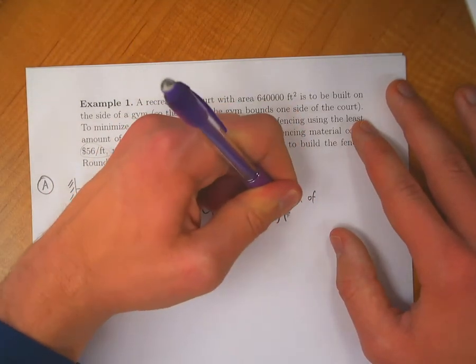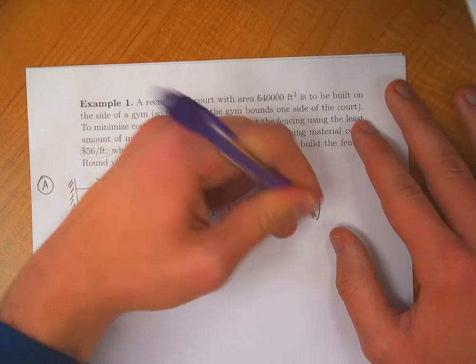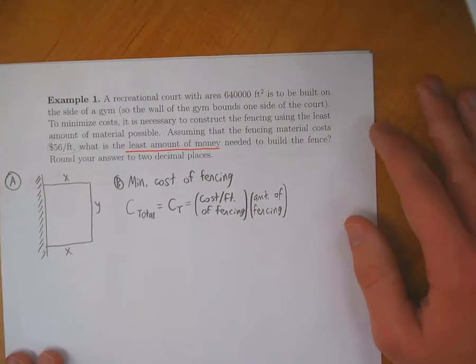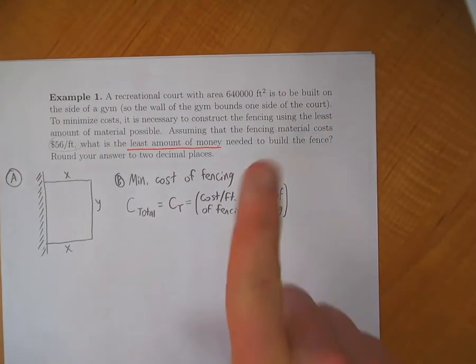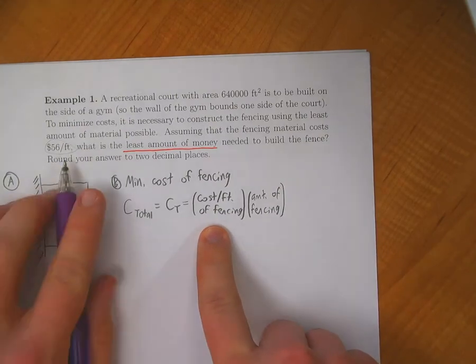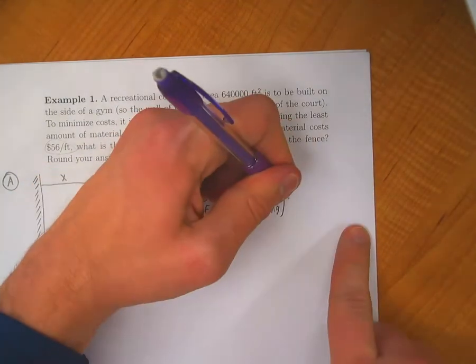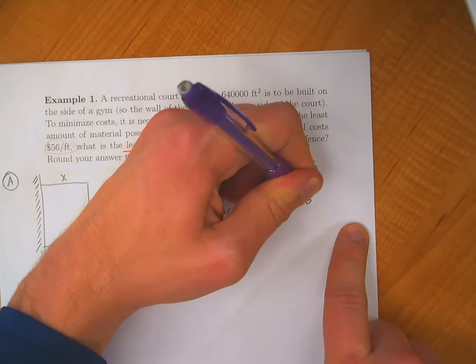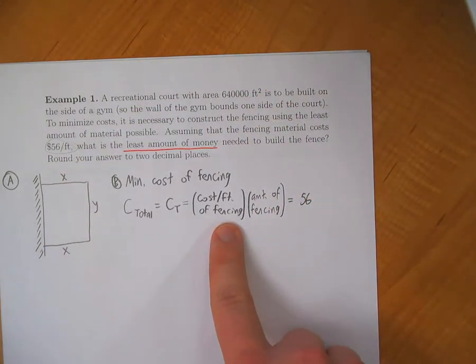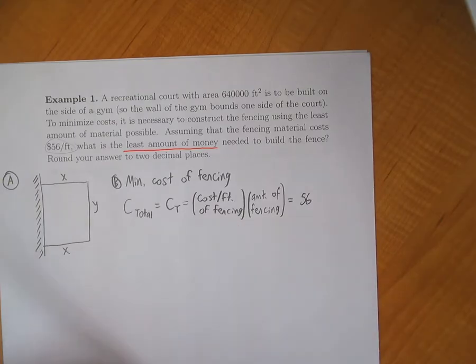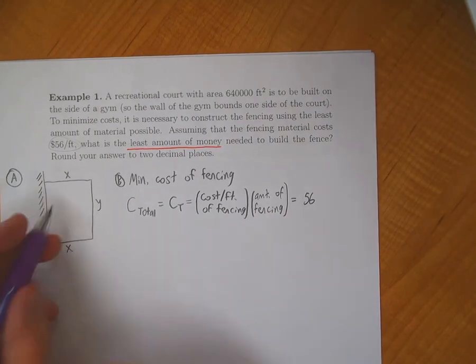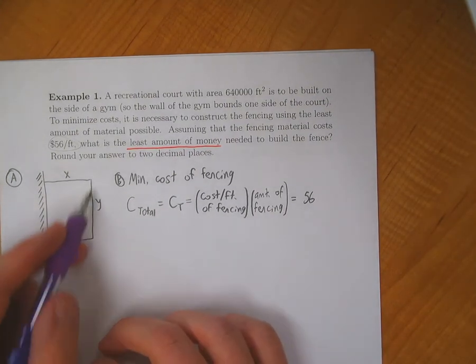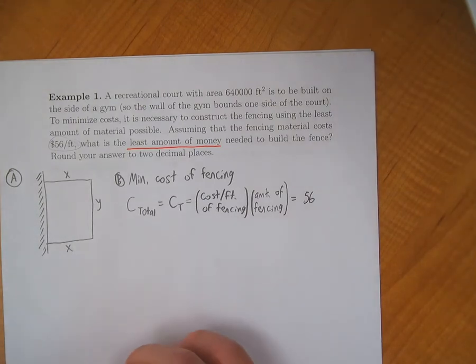The problem explicitly gives us the cost per foot of fencing as $56 per foot. That part's nice and clean, but what about the actual amount of fencing we have? Taking a look at the variables we are given, what is the amount of fencing that we have in feet?